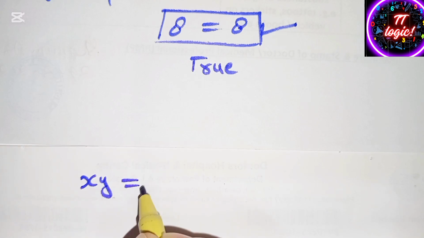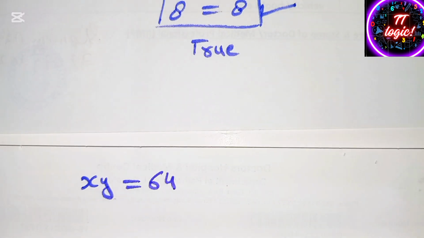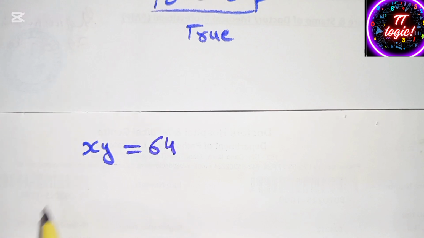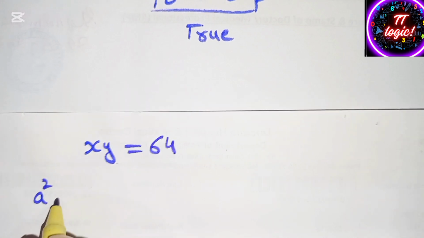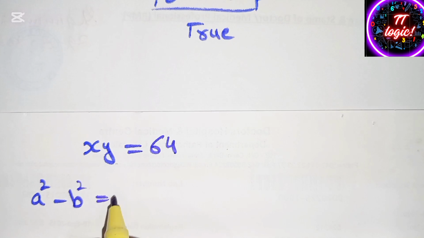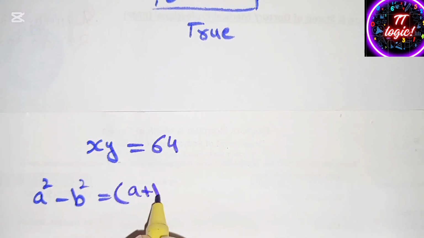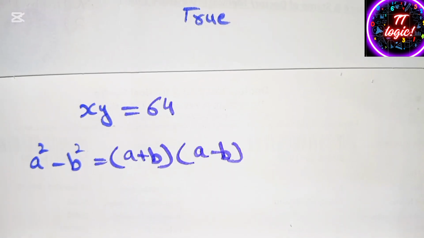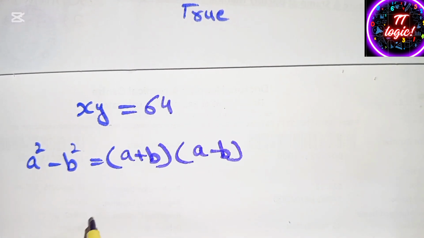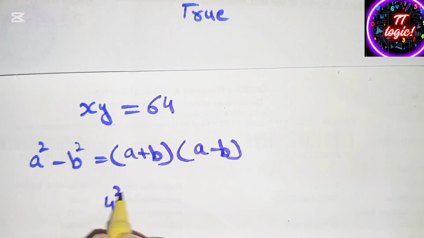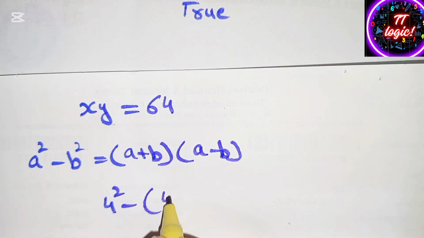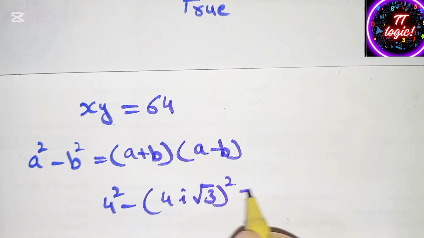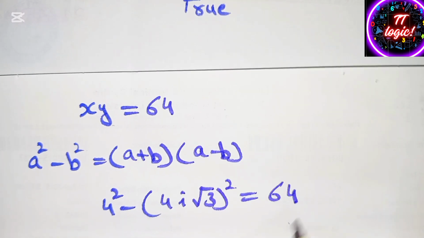Now we can solve with the help of a nice algebraic identity, which is a square minus b square is equal to a plus b times a minus b. Here we put 4 square minus 4i square root 3 square, which is equal to 64.